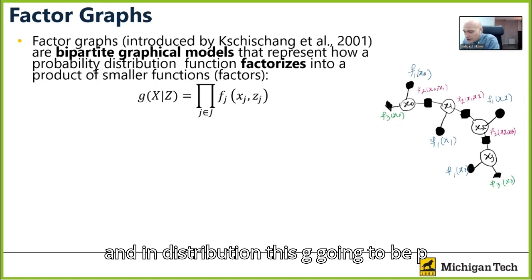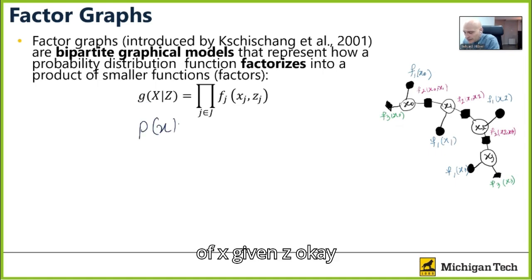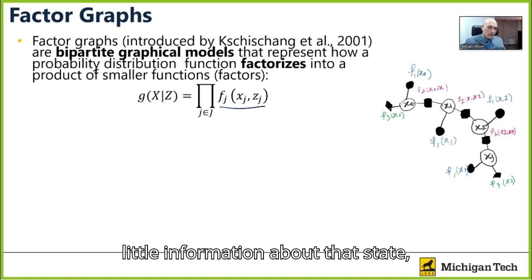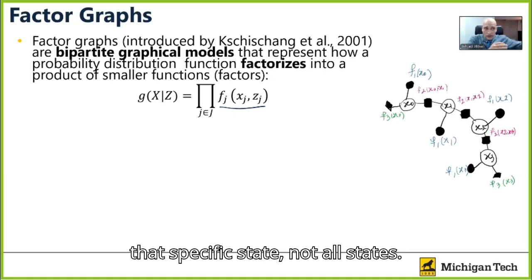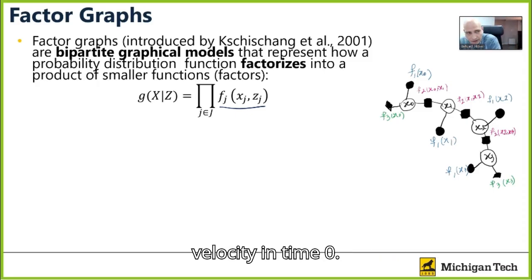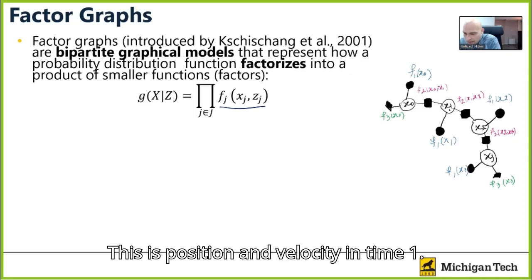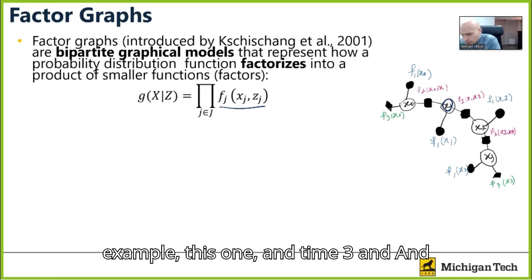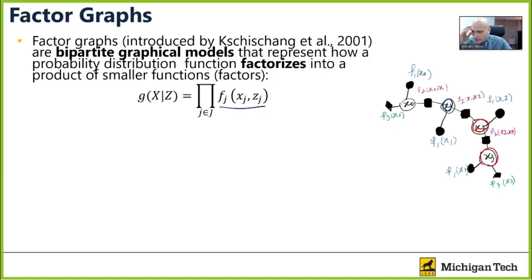In distribution, this g is going to be P of X given Z. And this is a product of all factors. These factors are little pieces of information about a specific state, not all states. For example, this is position and velocity at time 0, this is position and velocity at time 1, then time 2, time 3 and the rest. This is for a robot, for example.